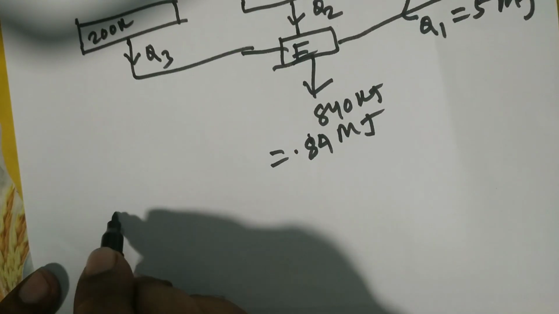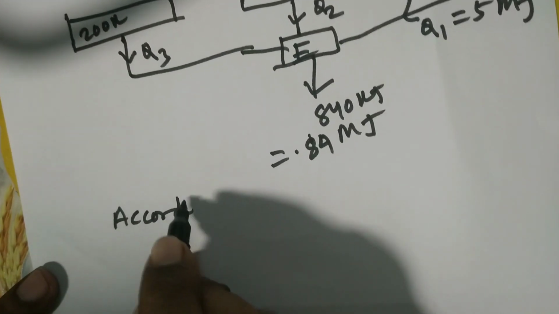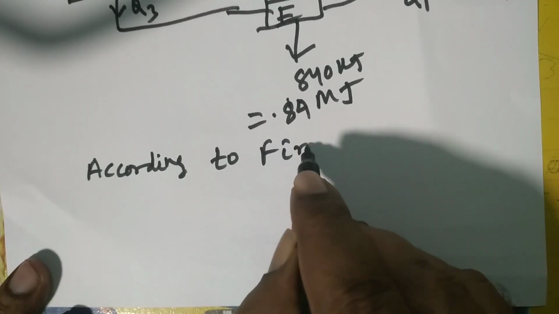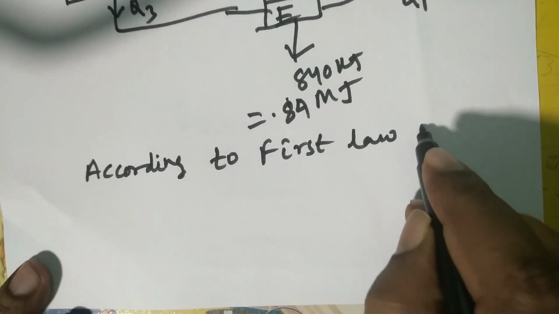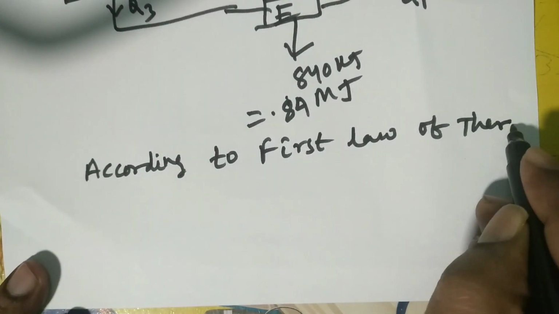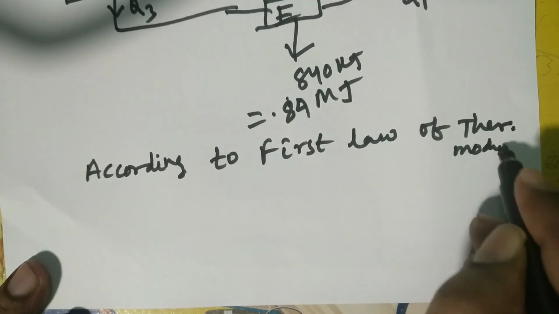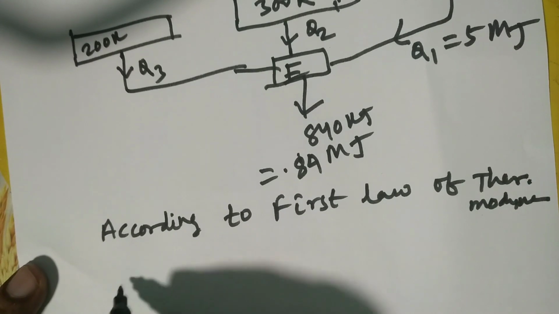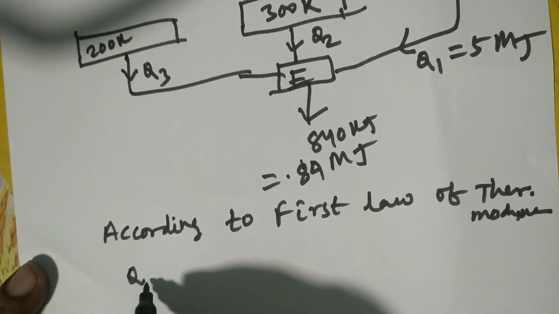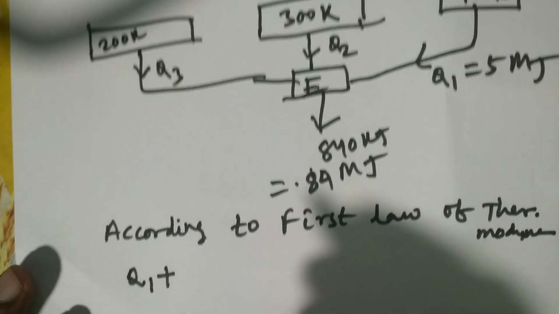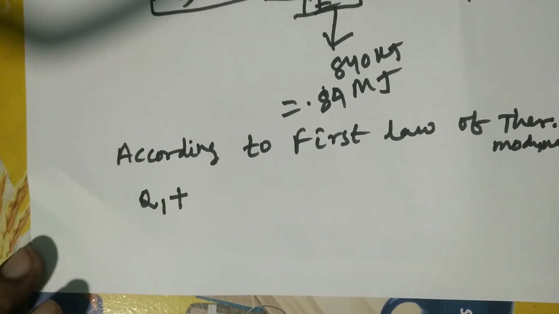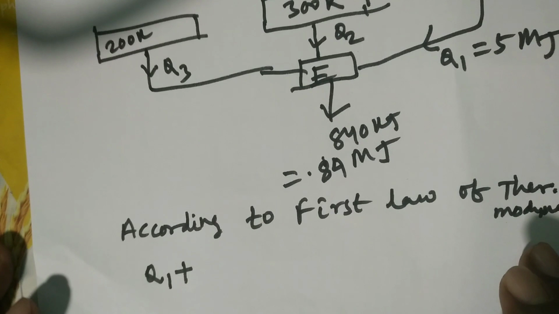So according to the first law of thermodynamics, sigma Q cycle equals sigma W cycle. Here all heat interactions are towards the heat engine. We take all heat interactions towards the heat engine as positive and away from the heat engine as negative. By convention we are taking this.